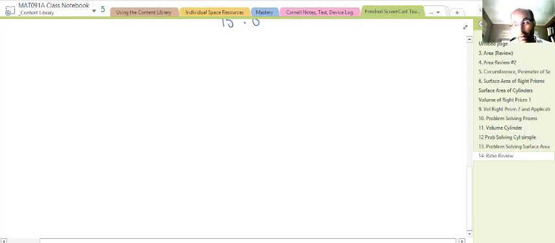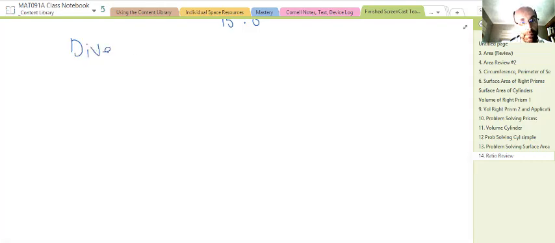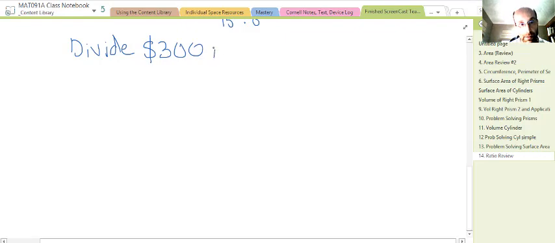Final type of task you might be asked to do is to divide a quantity into a certain ratio. So for example, if we have to divide $300 into a ratio of 2 is to 3.